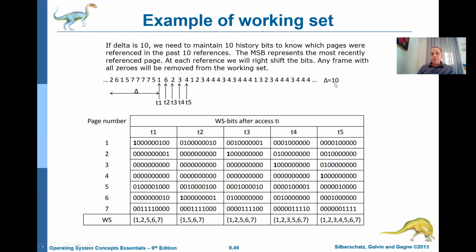The most significant bit on the left here represents the most recently referenced page. So for example, at T1, the most recently referenced page is 1. So on page number 1, I have a 1 there. On all the other pages, I have a 0. But if I look backwards in time and go back 1 time period, which is the next digit, then I see there's a 1 at this 5.